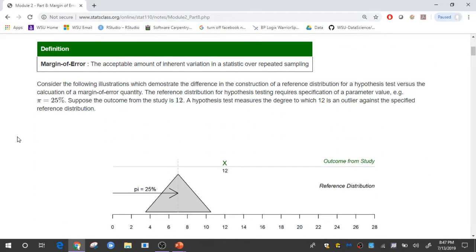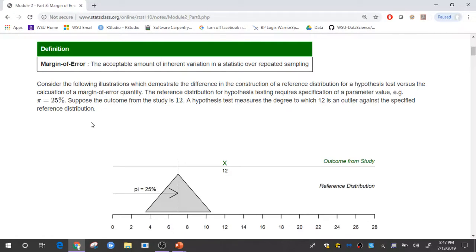Okay, so let us consider the following illustrations, which will demonstrate the difference in the construction of a reference distribution for a hypothesis test versus one for the calculation of a margin of error. The reference distribution for a hypothesis test requires the specification of a parameter value. So here I've specified that to just be pi equal 25%.